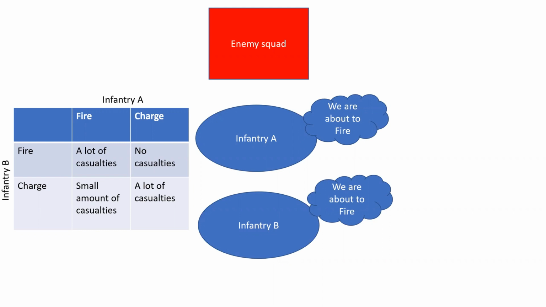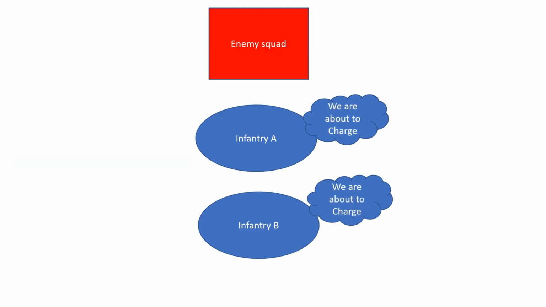In our example, if infantry A changes to charge, the result improves. Therefore, infantry A changes assignment. It is also true for infantry B. Oops, we're stuck in a cycle. When infantry A changes an assignment, so does infantry B, and vice versa. And so they both stay on the same page.